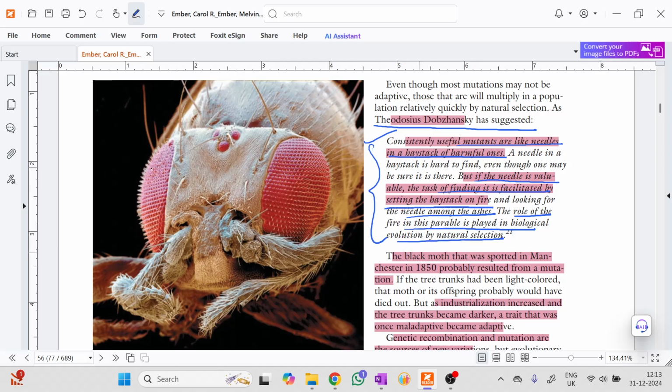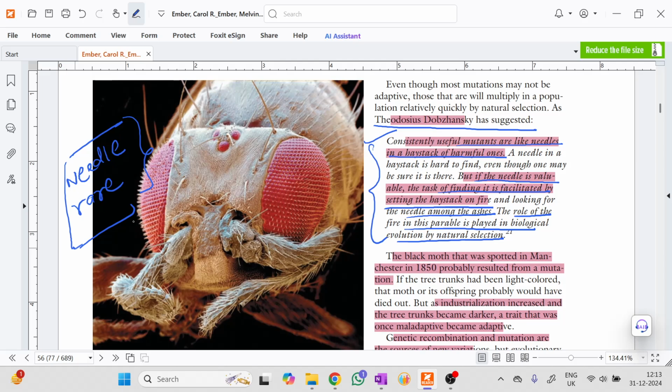So here, a useful mutation is also like a needle in the haystack, which means a rare one. Most of the mutations that result are either neutral or harmful. So finding the beneficial mutations is like looking for a needle in a haystack.